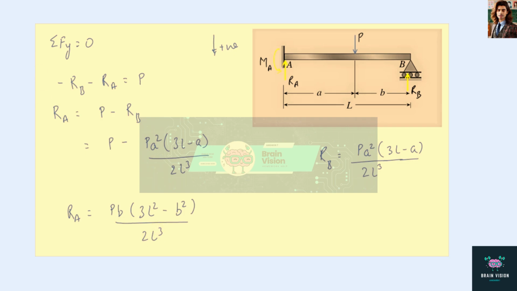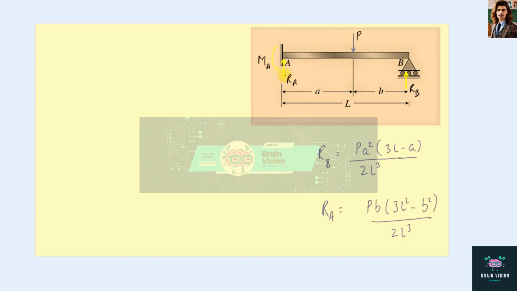Now next I will be calculating the moment MA. For that we'll be using the moment equilibrium equation, taking moments about point A equal to 0. The moment in the anti-clockwise direction we'll take to be positive, and the moment in the clockwise direction negative. The first moment acting at point A is MA, the reaction moment.